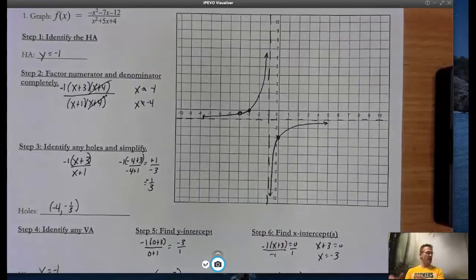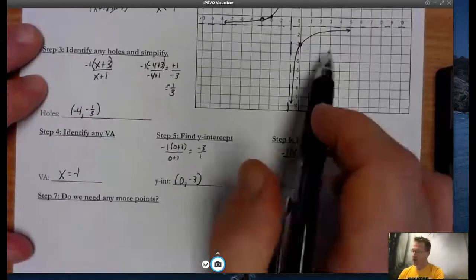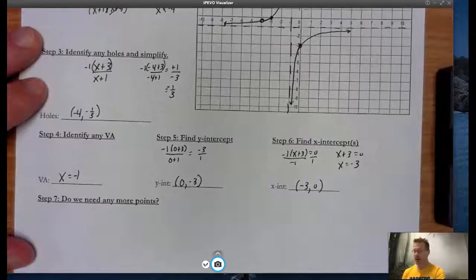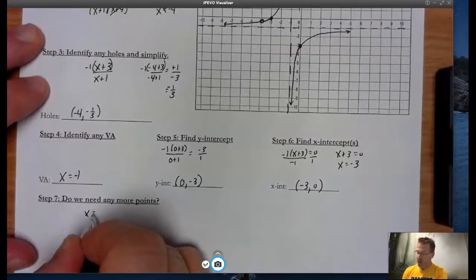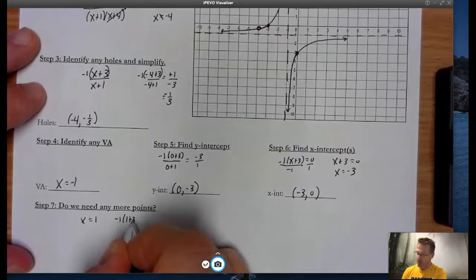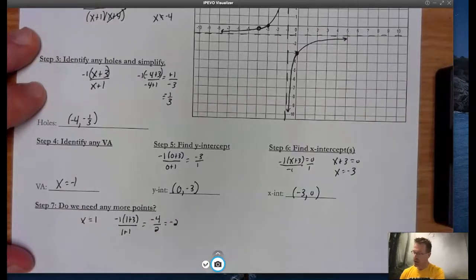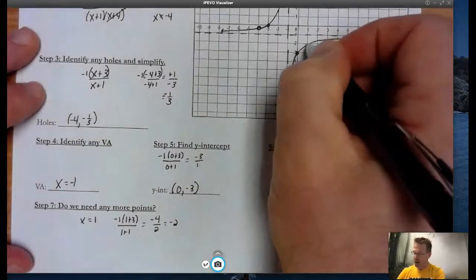Now, if you were unsure about that, you could just take x values and plug them into your simplified version here. For example, I could take 1 and plug it in and see what happens. So I'd have -1 times 1 plus 3 over 1 plus 1. That'd be -4 in the numerator divided by 2, which is -2. And you can see I almost hit that point right there.